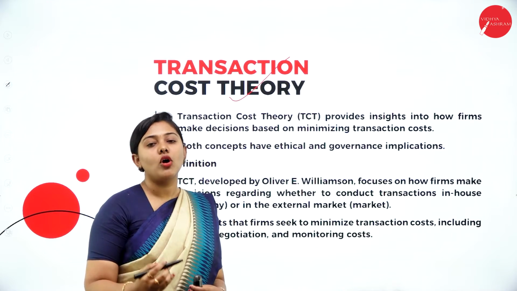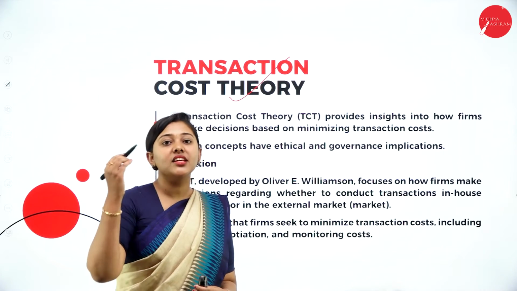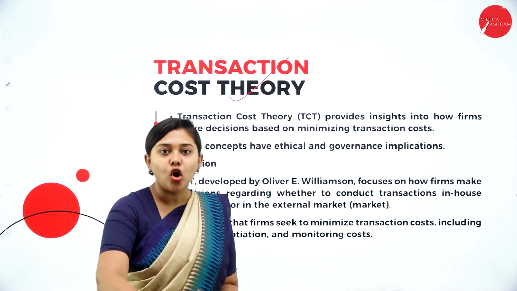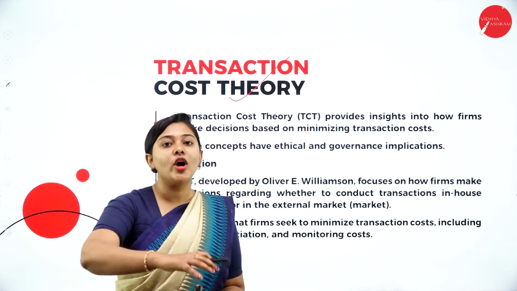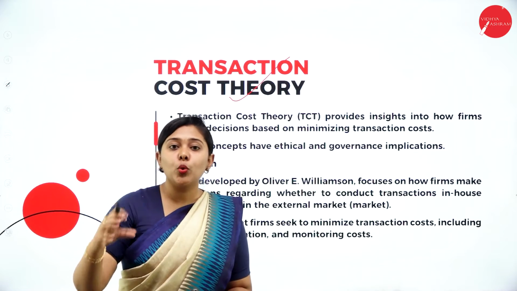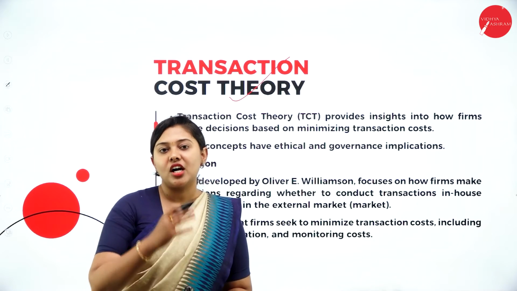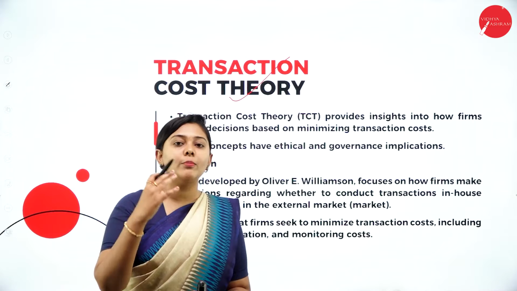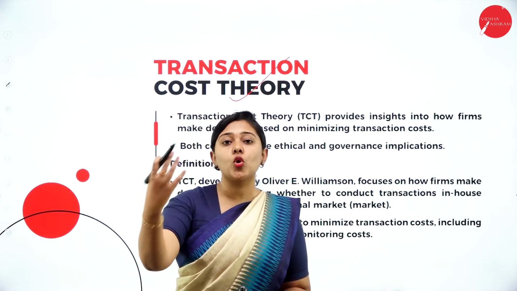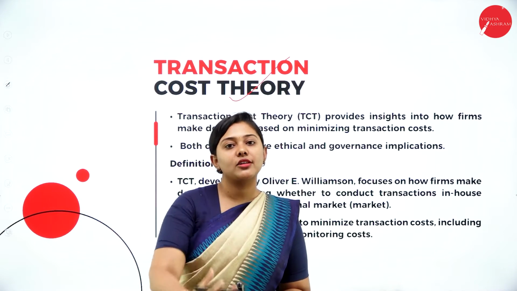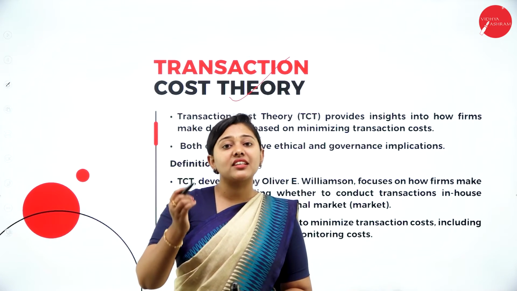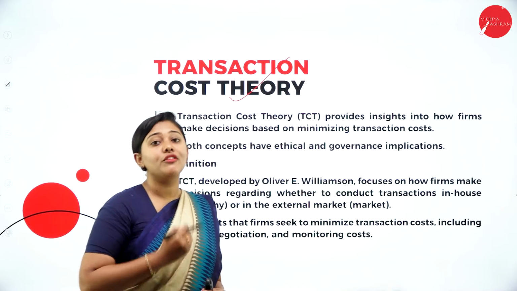Transaction cost will occur when a person, instead of doing a job himself, appoints another person to do that particular job. At that time transaction cost occurs. Instead of doing the job, they outsource the work, they outsource the labour. So transaction cost occurs. It is an expense for an organization, for a firm.